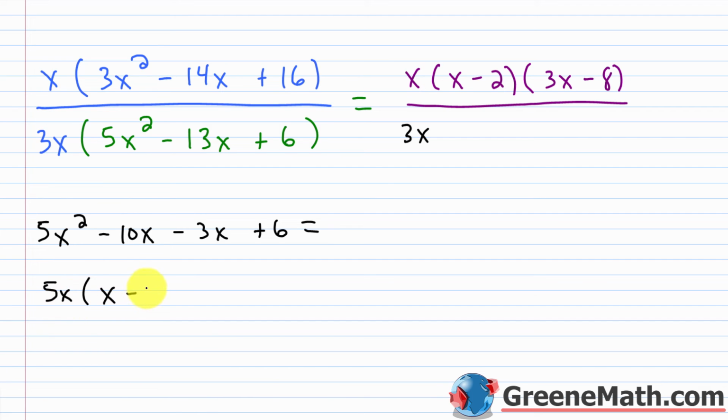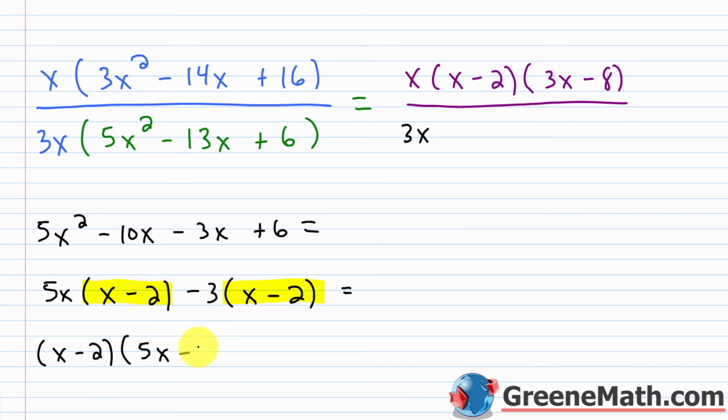I'd be left with x minus 2. From the second group, I could pull out a negative 3, and I'd be left with x minus 2. So I have that common binomial factor of x minus 2. What that's going to give me is the quantity x minus 2 times the quantity 5x minus 3. So I'd have 3x times the quantity x minus 2 times the quantity 5x minus 3.